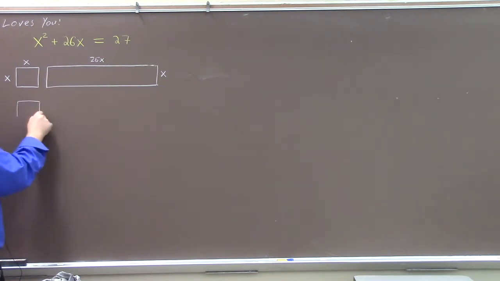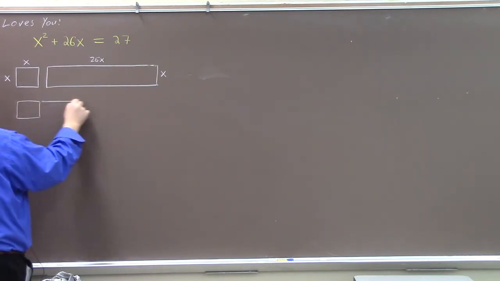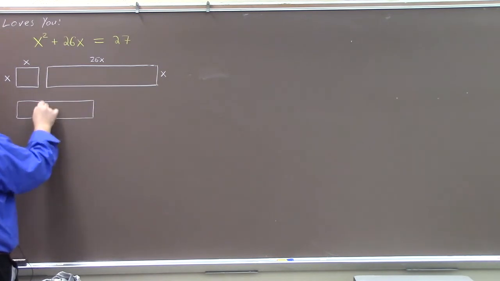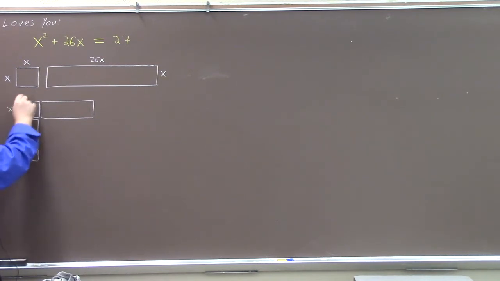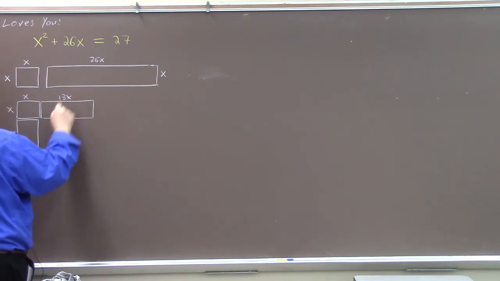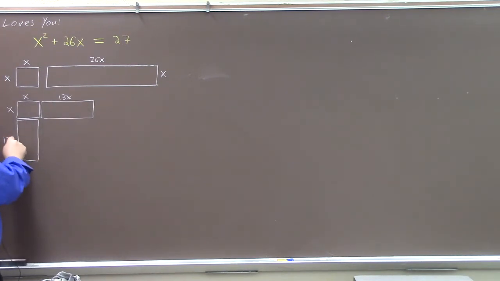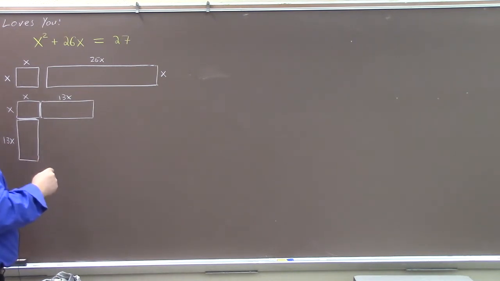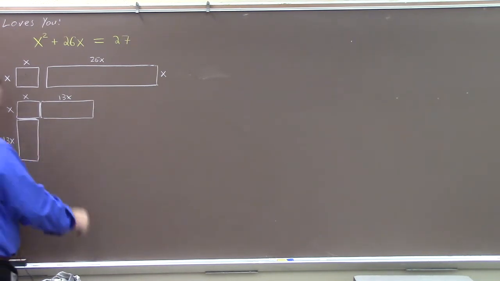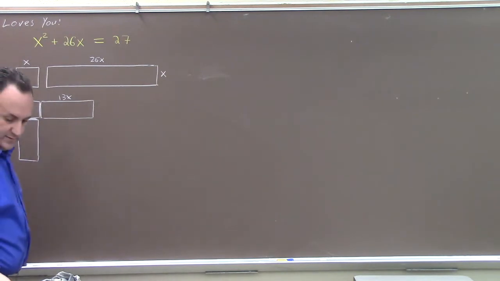So I'll draw it again down here. You take this and take half of that, and then take the other half and make it vertical. So you'd have x here, you'd have x here. You'd have 13x over here. And so you have almost a square. Almost a square.